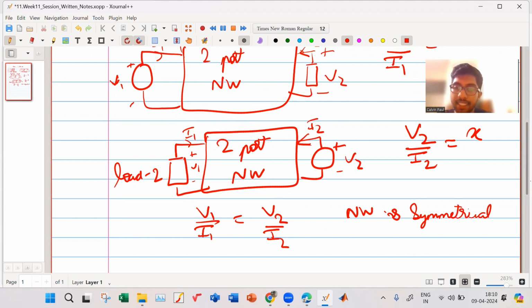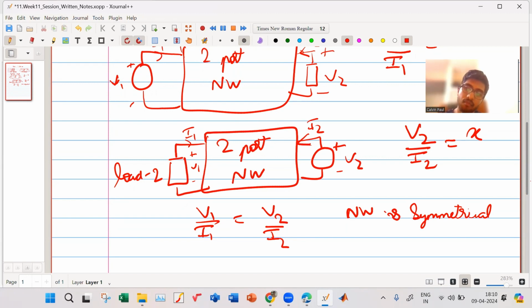Because from either direction, from network 1 or from network 2, whatever supply or input I apply, what the input sees in the network is the same. Like if you are entering a house through the front door, and what you see is the same. In case the house is symmetrical, it also has a back door, and inside the house, all the rooms are in the same fashion.